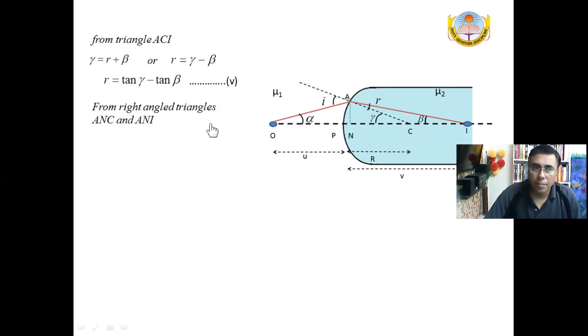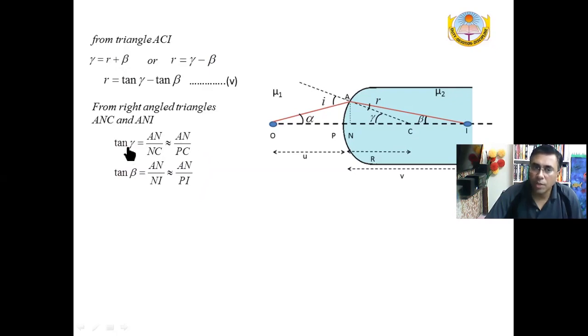And again, over here, if you see the triangles ANC and ANI, I can write tan gamma as AN upon NC and tan beta as AN upon NI. Again, since P and N are very, very close, NC will be replaced by PC and NI will be replaced by PI. So finally, we get tan gamma as AN upon PC and tan beta as AN upon PI.